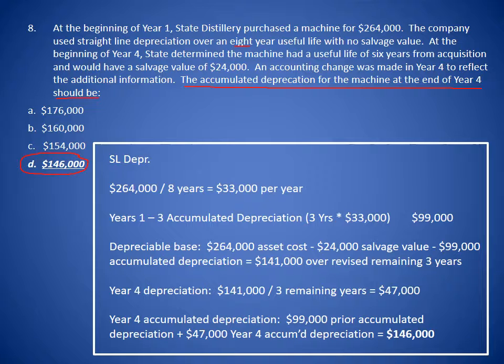Okay, we were utilizing straight line depreciation over an 8-year useful life with no salvage value. So in this case, we have no salvage value, so $264,000 minus a zero salvage value gives us a depreciable base, obviously, of $264,000.